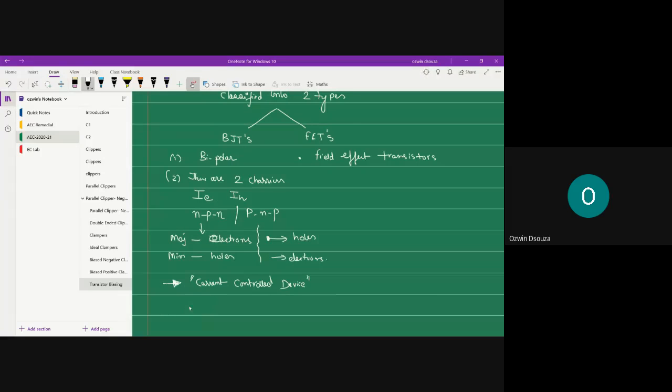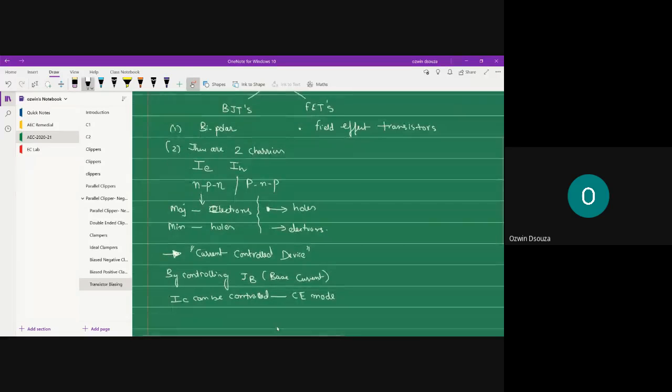That means by controlling IB, which is called the base current, IC can be controlled. This is true for common emitter mode. In case of common collector mode, the current directions are going to change. You don't worry about it. Let me talk about common collector mode, common emitter mode, etc. in the upcoming discussions.